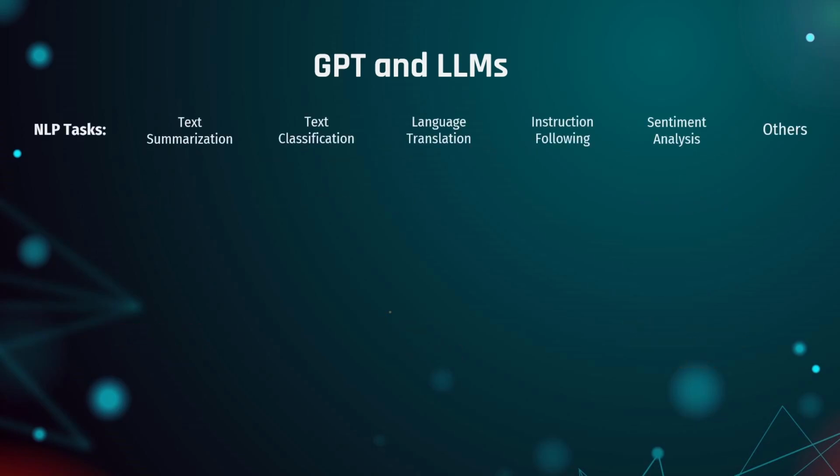So if these are my NLP tasks, maybe text summarization, classification, translation, instruction following, sentiment analysis or anything else, we said that during the unsupervised pre-training phase, where we train models like GPT-3 on huge amounts of text data, natural language data collected from sources like Common Crawl, web text, books data, Wikipedia, which totals about 45 terabytes of text data, which results in an astounding 175 billion parameters, right?